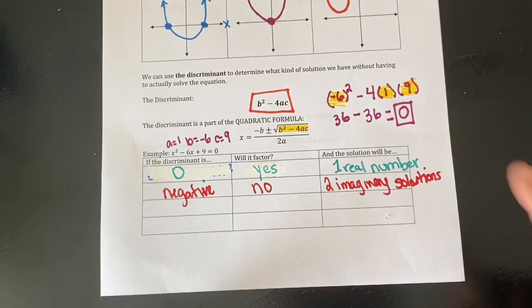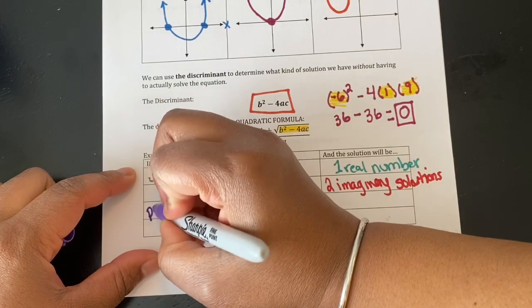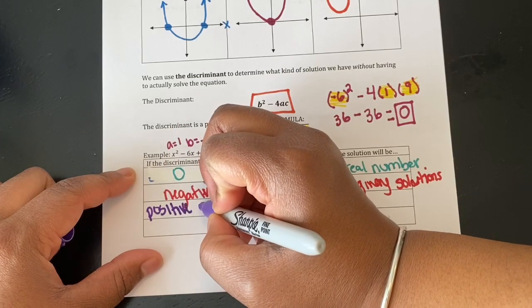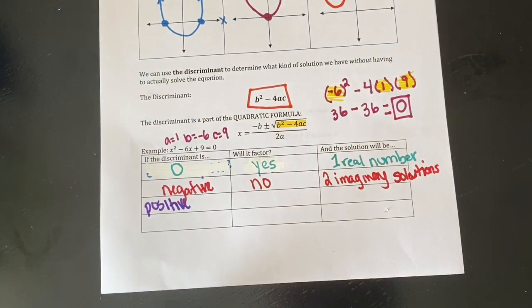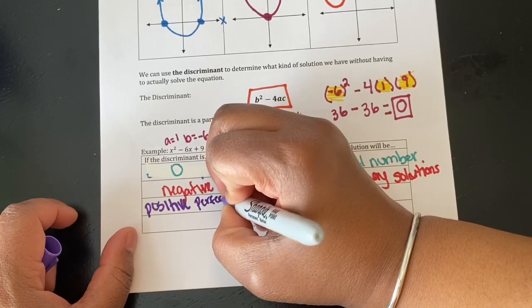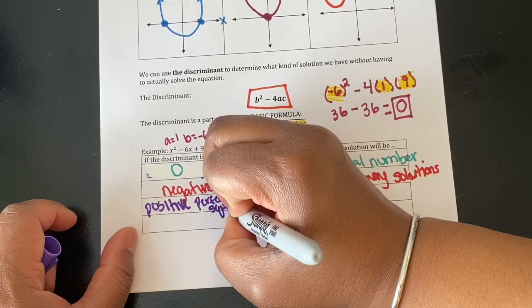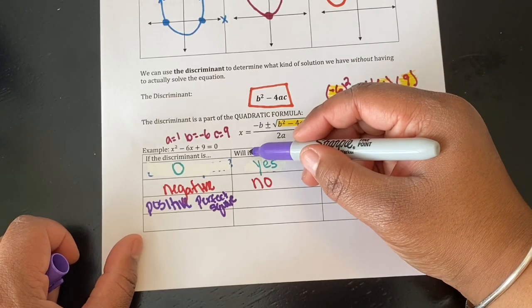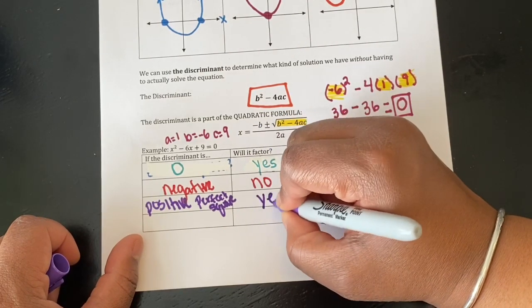If the discriminant is a positive perfect square, then it will factor, yes.